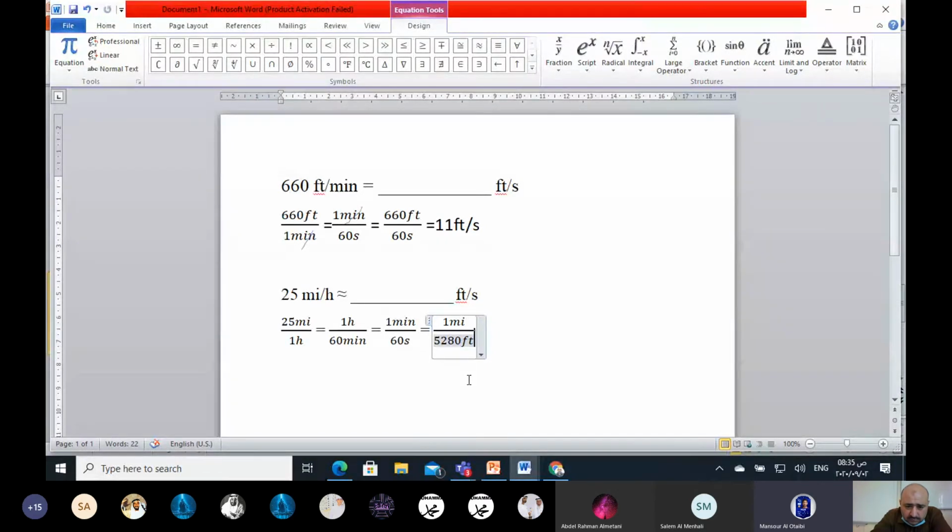For example, to convert 1.5 miles to feet, multiply 1.5 by 5,280. That makes 7,920 feet in 1.5 miles. Okay, great.